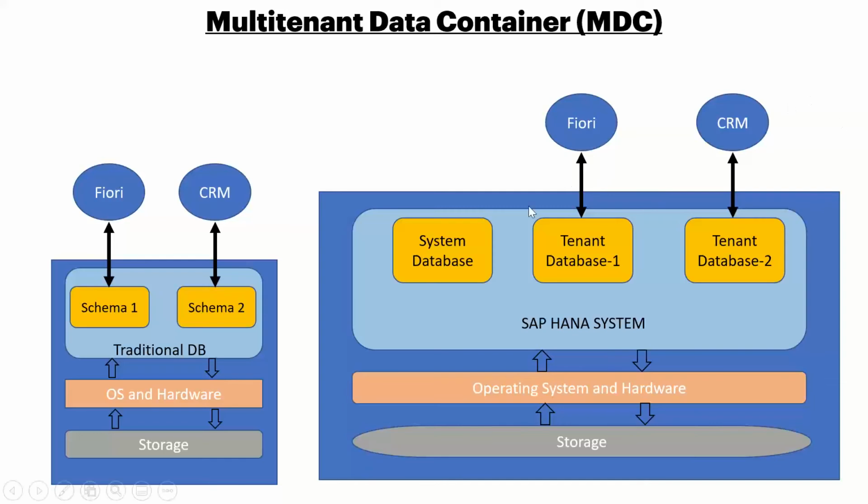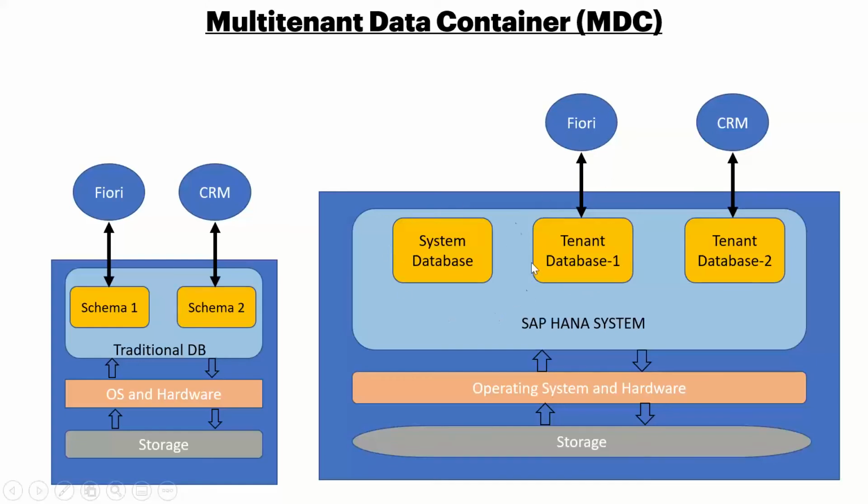Each tenant acts as a separate database on its own, but there is a central control mechanism called a system database. So what happens now? If you want to back up separately, you can do it. You want to back up the entire thing, you can do it from the system database. You want to apply policies separately, you can do it.